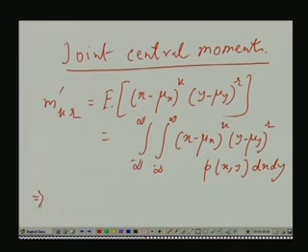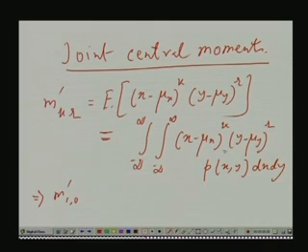So you can easily see what is m prime 1 comma 0. y minus mu y to the power 0 is 1, x minus mu x, p x comma y, that we again write as before, p x and p y by x, p y by x integrated with respect to y from minus infinity to infinity will be 1, and this integral will be x minus mu x times p of x.